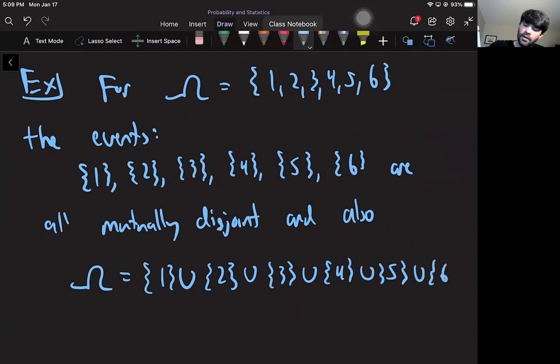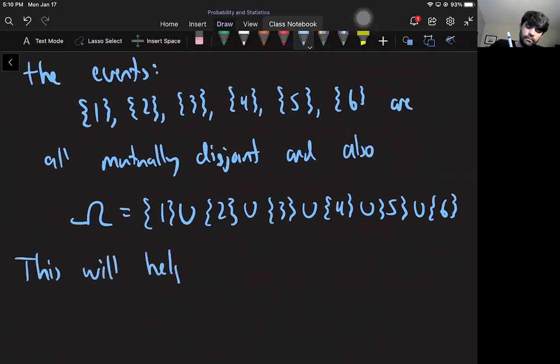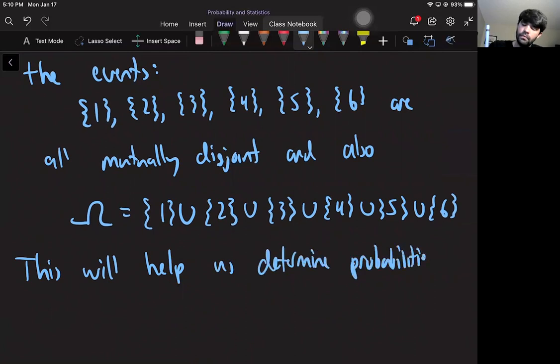It might not seem like a very interesting property, but it'll help us think about probability later. This will help us determine probabilities of events from their smaller parts.